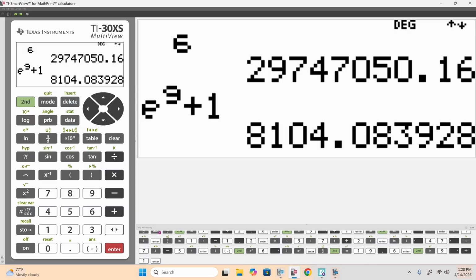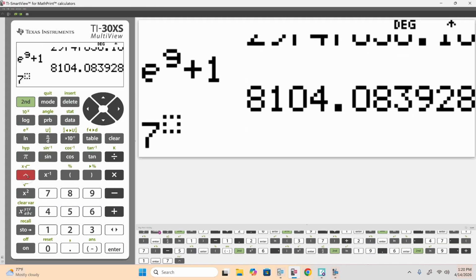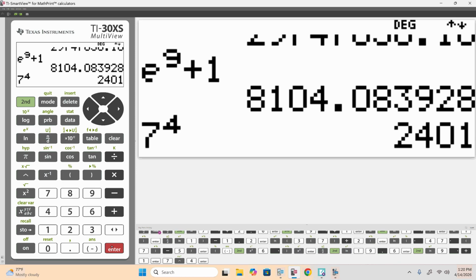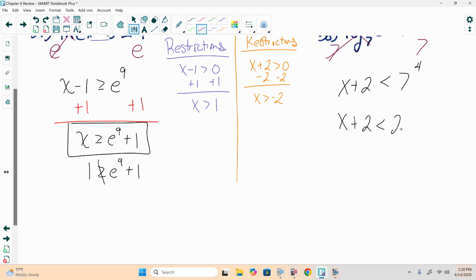Well, if we're not sure, we can plug it in the calculator, and it is 2,401. That's a nice number. Solve for x, telling us x is less than 2,399.